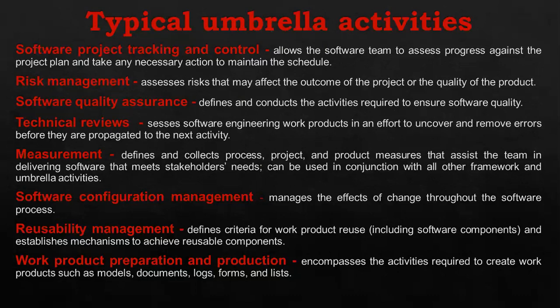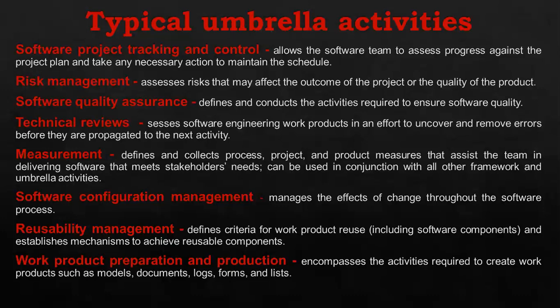Risk management is a series of steps that help a software team to understand and manage uncertainty. It is a good idea to identify risks and assess their probability of occurrence. This will help us in estimating their impact and establishing a contingency plan, so that the problem, if it actually occurs, can be identified and managed.